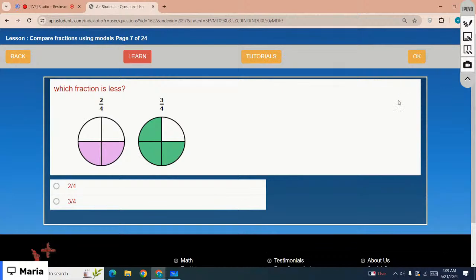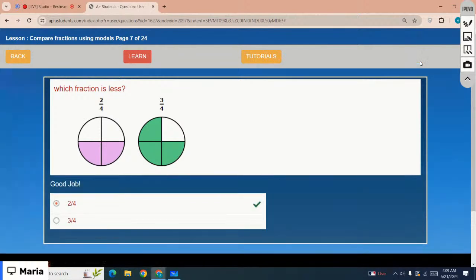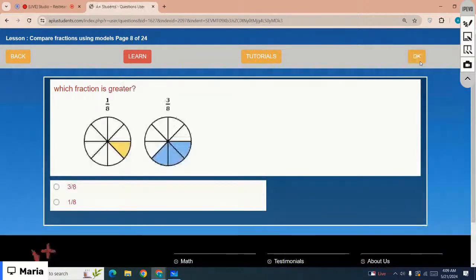Yes, 2 by 4 is less than 3 by 4. Which fraction is greater? 1 by 8, 3 by 8. Yes, 3 by 8 is greater than 1 over 8.